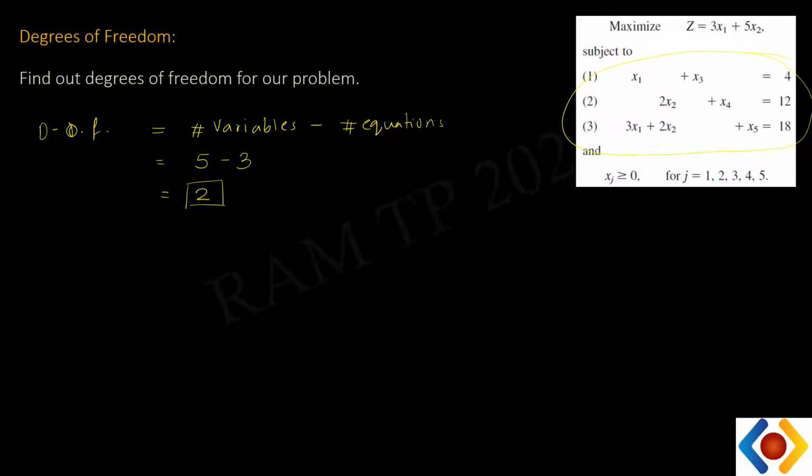Are you all understanding this point? We will be able to solve this only if we assume the value of 2 variables. Then only it's possible to figure out the solution for this.